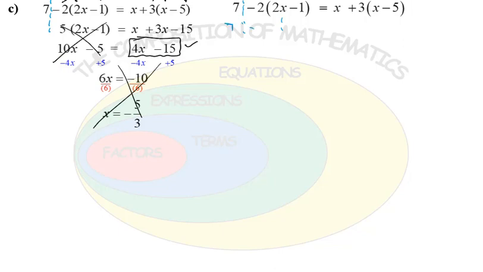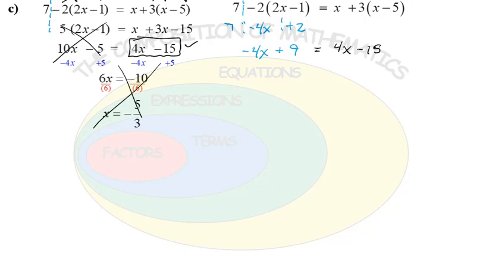Negative 2 and 2x is negative 4x. And negative 2 times negative 1 is positive 2. So this would be a negative 4x plus 9 on the left side. On the right side was done correctly. That ended up simplifying to 4x minus 15. So again, we'll just pick it up from there.